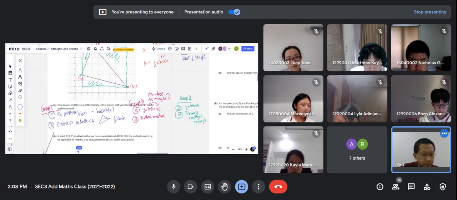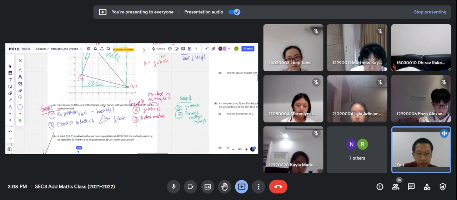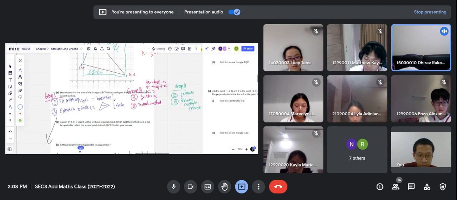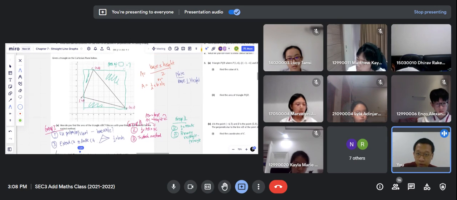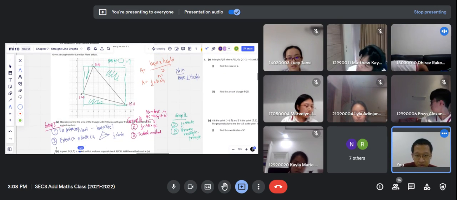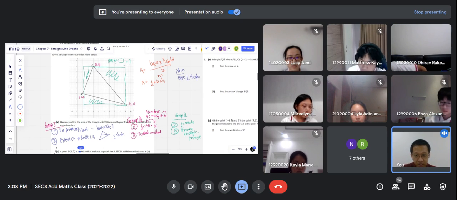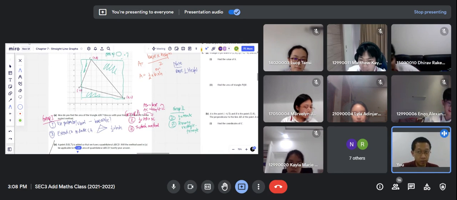Is Diraf here? I agree. Agree with what? With the method of forming the squares and finding the area. Which method? The one with the squares or the rectangle. Oh, the one that Enzo just mentioned, the last one. Yeah, that one.